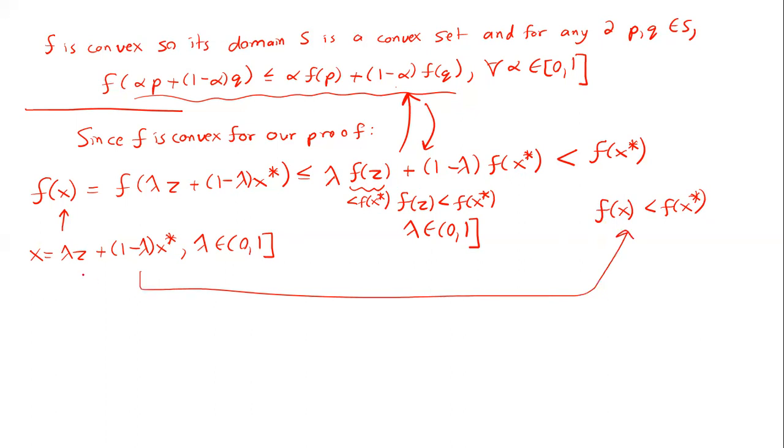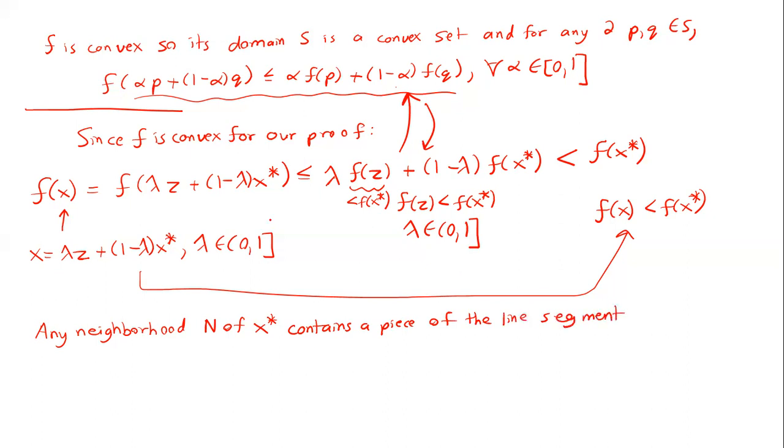So they're on this line between z and x star. And so the problem here is that any neighborhood N of x star contains a piece of the line segment between z and x star.